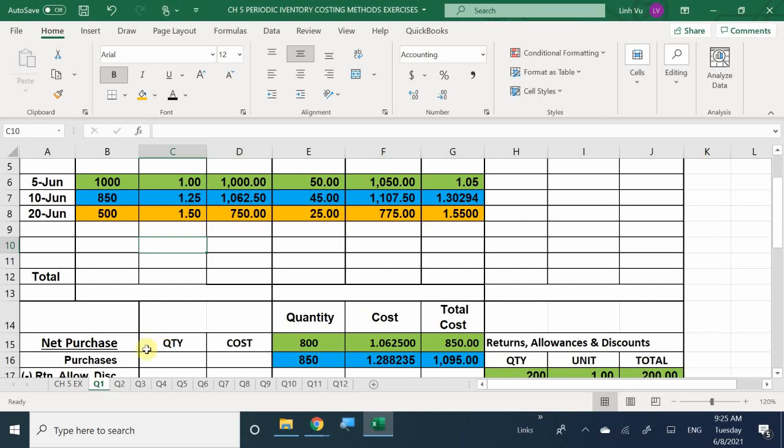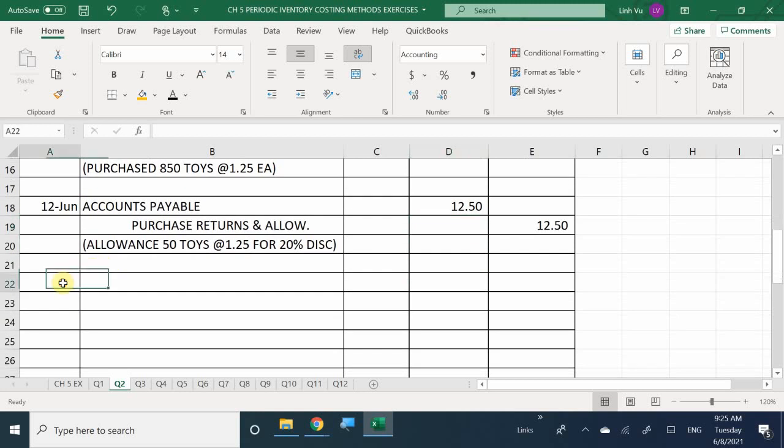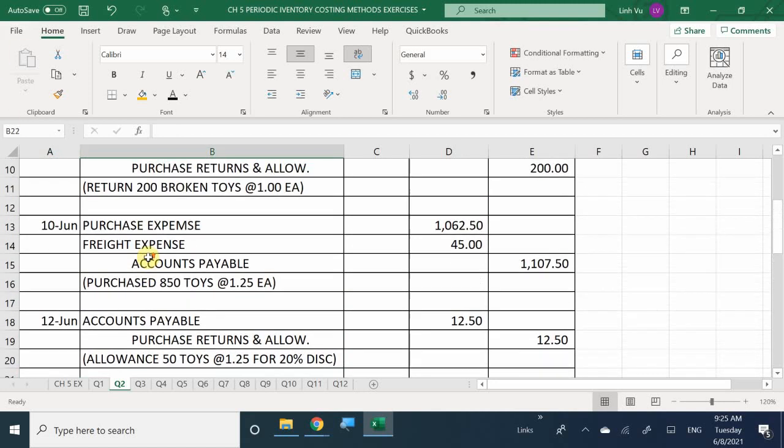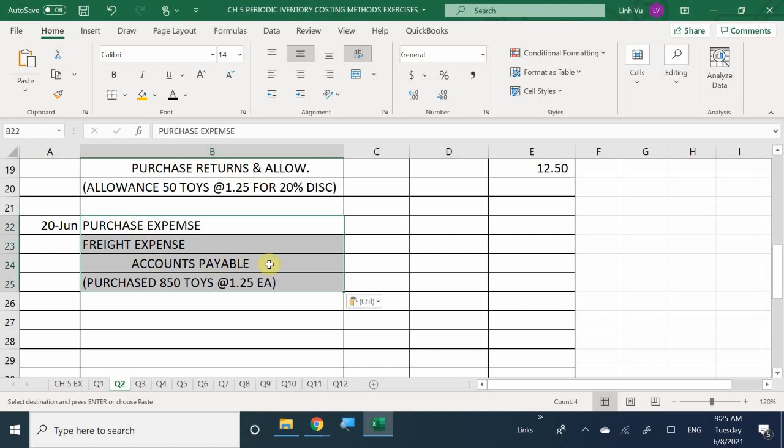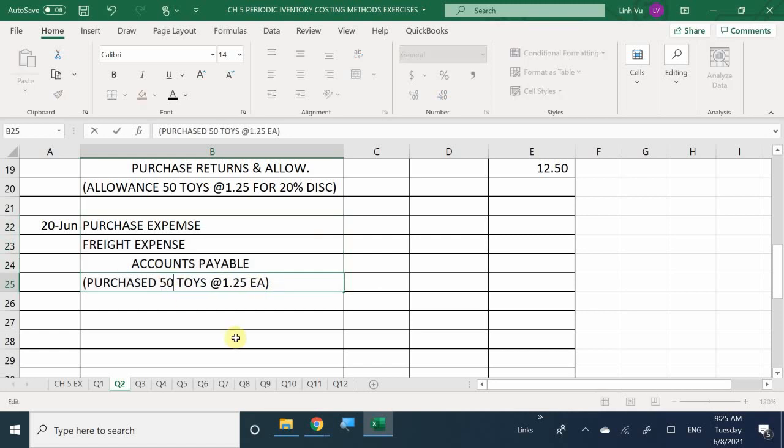Now let's go ahead and journalize this once again. So what should my journal look like? It should be purchases and freight as debits.